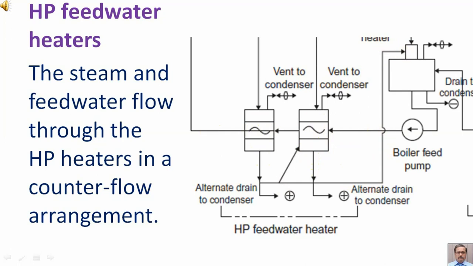The steam and feedwater flow through the HP heaters in a counter flow arrangement. So we have seen that steam and water are flowing in the opposite directions, that is counter flow arrangement.